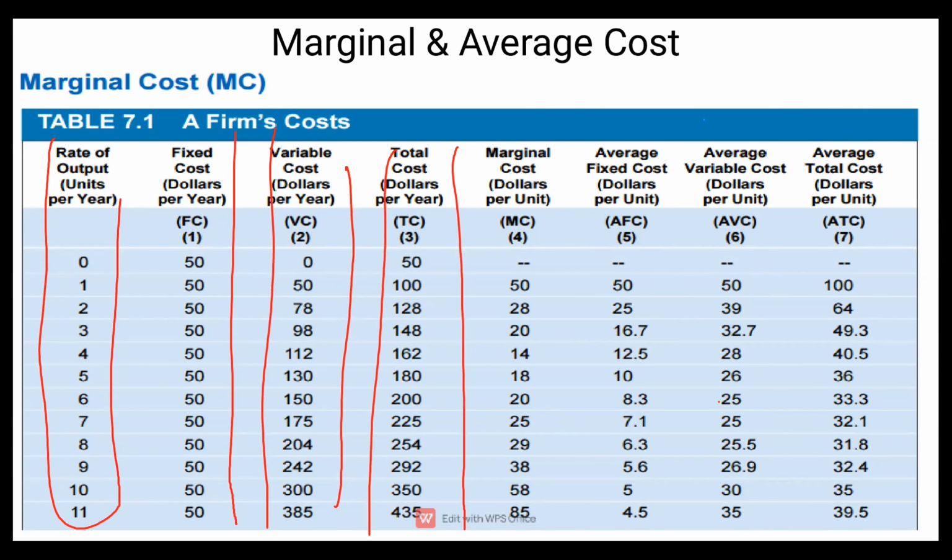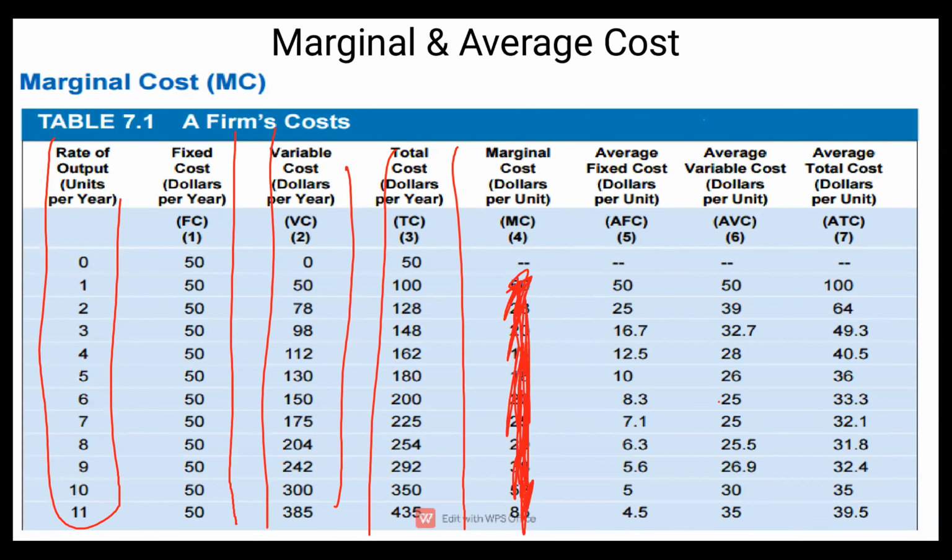Then you are asked to find, imagine there is no column for marginal cost. How do we find the marginal cost column? This is very important. How do you find marginal costs?